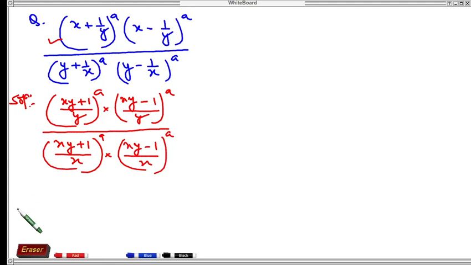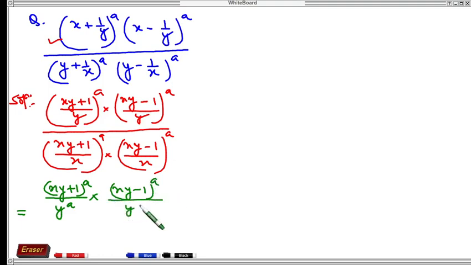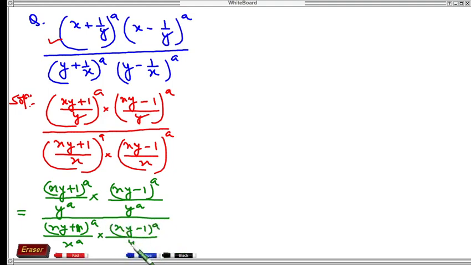First step is this, and the second step is, let's separate them: (xy + 1)^a over y^a times (xy − 1)^a over y^a, whole over (xy + 1)^a over x^a times (xy − 1)^a over x^a, just separating in this way.